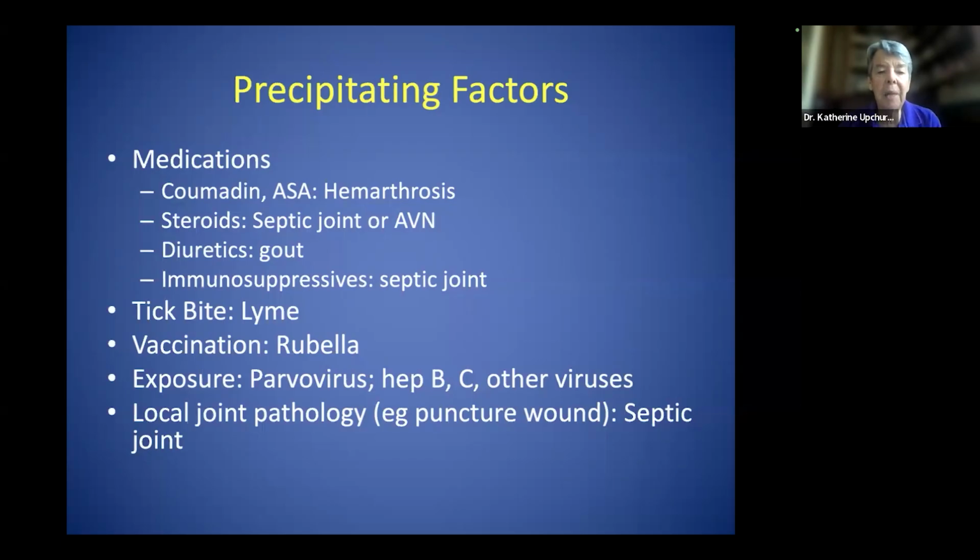All of these things can be associated with generalized arthritis. And then finally, a local joint pathology such as a puncture wound can puncture right through that synovial membrane and introduce germs into the joint, leading to a septic joint.